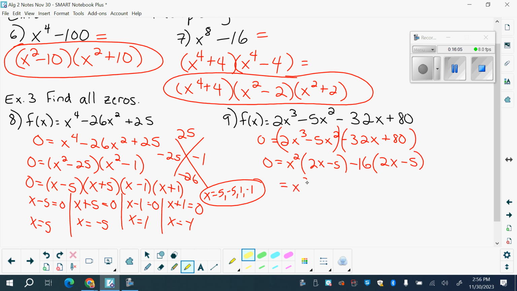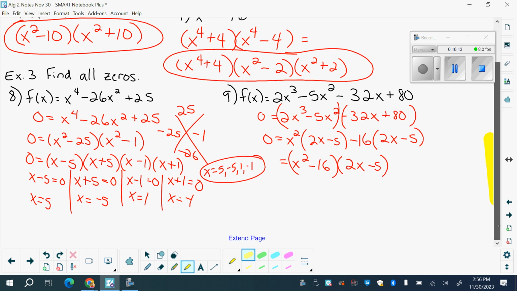So this gives us x squared minus 16 times 2x minus 5. And then that's going to factor again, isn't it? x minus 4, x plus 4, 2x minus 5.